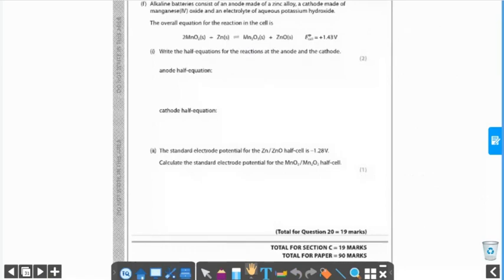Alkaline batteries consist of an anode made of zinc alloy and a cathode made of manganese(IV) oxide, with an electrolyte of aqueous potassium hydroxide. The overall equation for the cell is given. Write the half equations of the reactions at the anode and the cathode. Cathode is reduction, anode is oxidation.